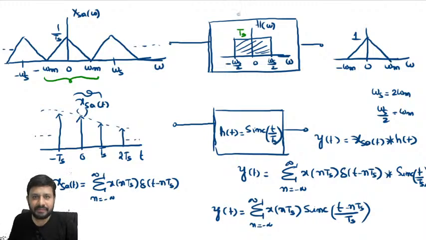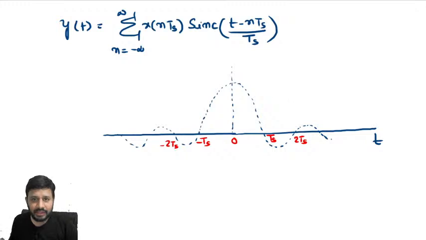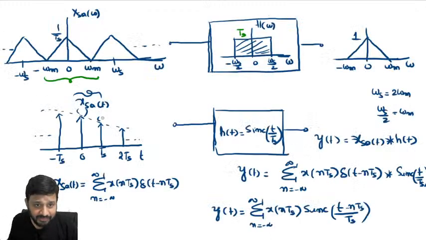Now what happens if I substitute n is equal to 1? Sinc of (t minus ts) by ts is nothing but the shifted version of sinc of t by ts by 1 unit, sorry, by ts, weighted by x of ts. x of ts means this value.